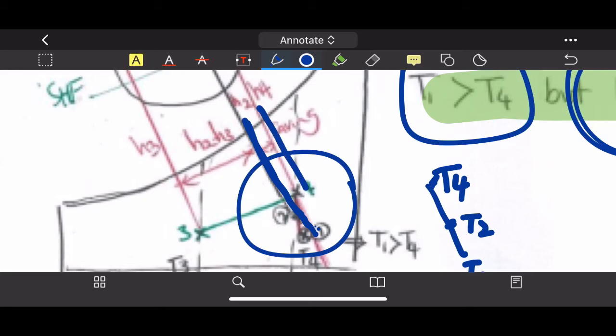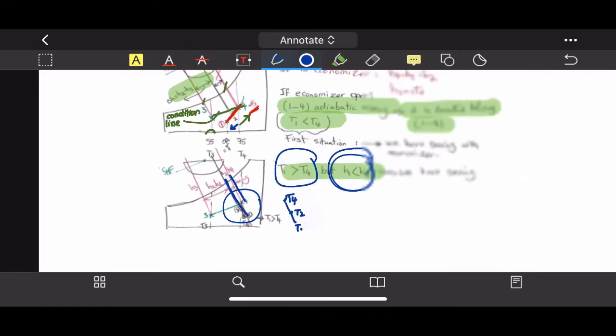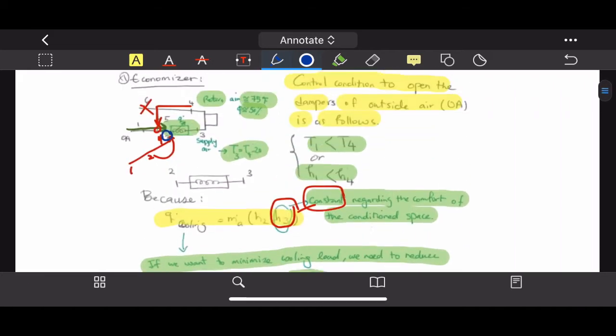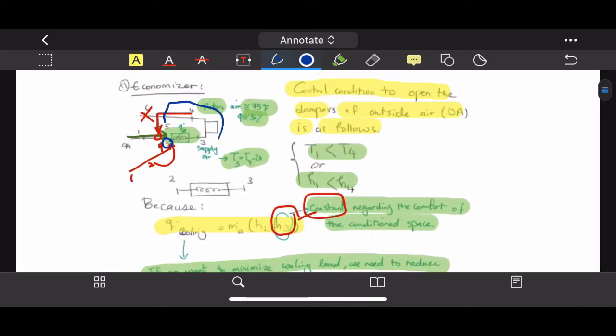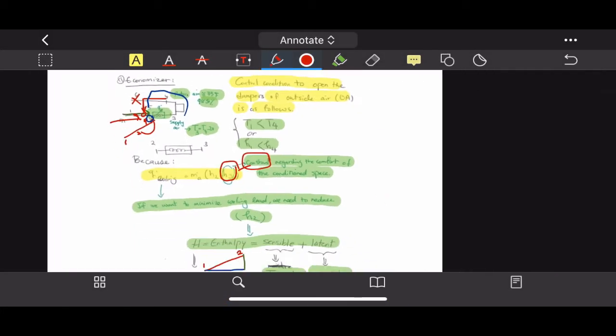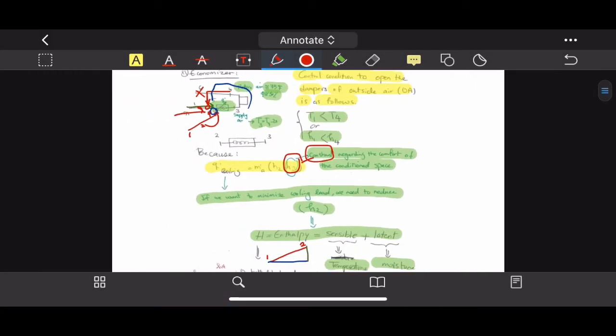We must make sure that H1 is less than H4. How do we do this? We open the economizer, close line number 6, and cold air coming from the room will mix with the hot air that comes from outdoor air. So this is how we use economizer during winter and during summer.